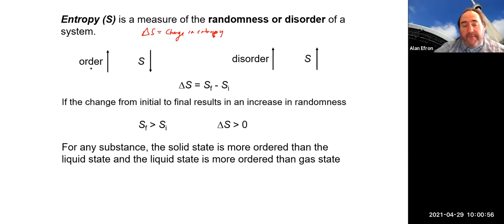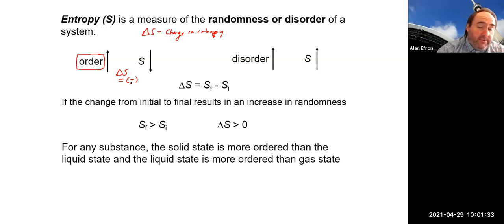First off, if we increase the order, which means by default you're decreasing the disorder, however you want to think about it, we would see the delta S decrease. What that means is the delta S would be a more negative number. So in a situation where we are creating more order, less disorder, we will see the delta S become a more negative number.